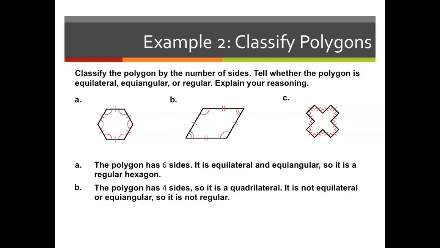So while it looks like they all form 90-degree angles, we're always looking at the angles inside of the polygon. Notice how some of these 90-degree angles are on the outside. If you were looking at the angle on the inside, it's actually an angle of measure 270 degrees. So while this may have congruent sides, it does not have all congruent angles. So we would say it is an equilateral dodecagon.